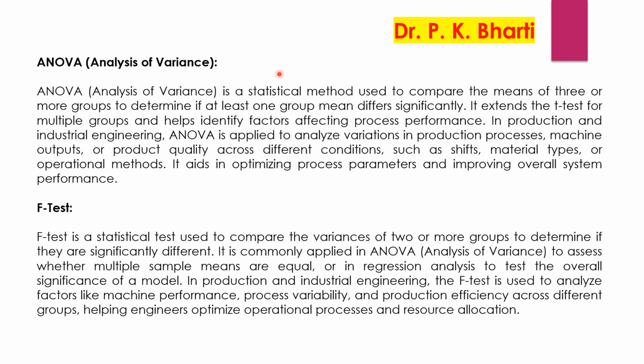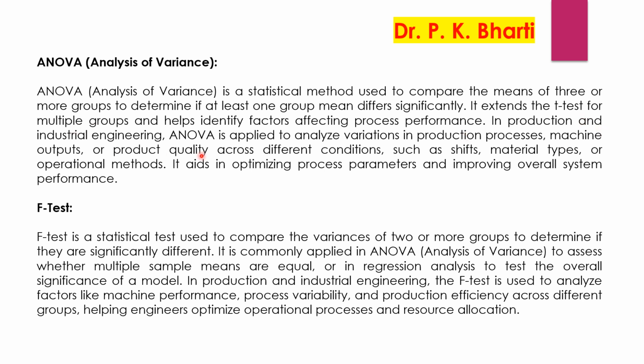ANOVA or analysis of variance. It is a statistical method used to compare the means of three or more groups to determine if at least one group mean differs significantly. It extends the t-test for multiple groups and helps identify factors affecting process performance.